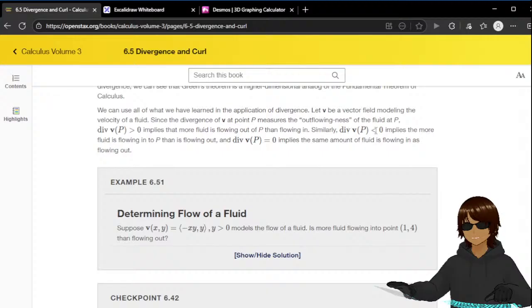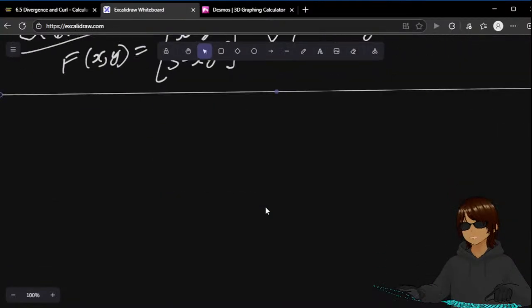Similarly, divergence less than zero implies more fluid is flowing into P than flowing out. Divergence of P equal to zero implies the same amount of fluid is flowing in as flowing out. So fluid flowing in, flowing out. I need to understand that.